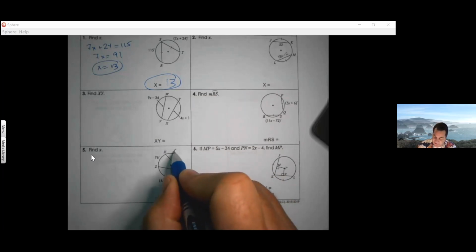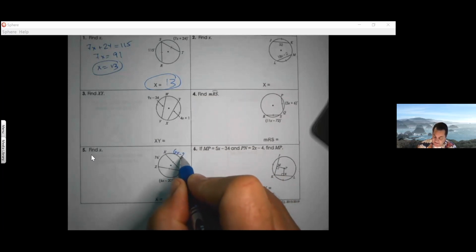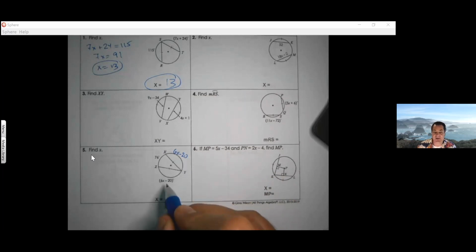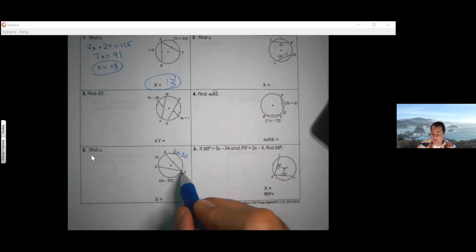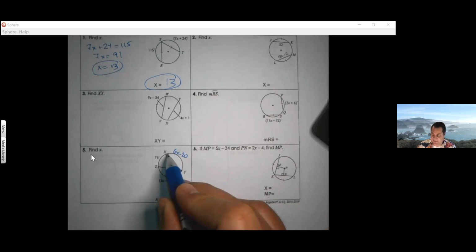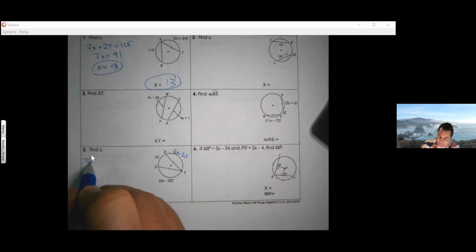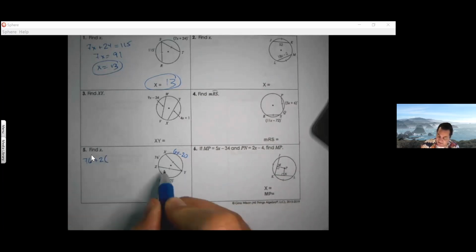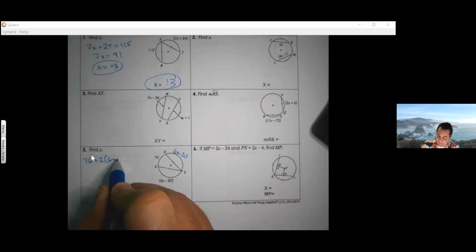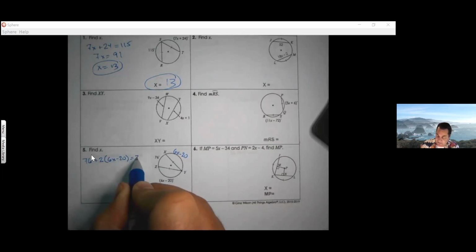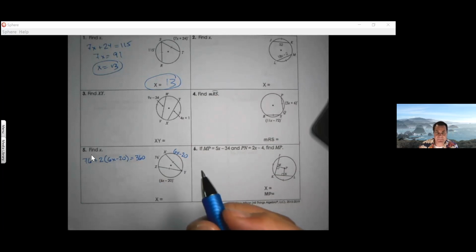So one way to do this would be to just represent this as the same algebraic expression. And notice that because these meet in a point here, there's no additional arc here. It's a 0. So 76 plus 6x minus 20 plus another 6x minus 20 makes the whole thing, or 360. So 76 plus 2 times 6x minus 20 equals 360.